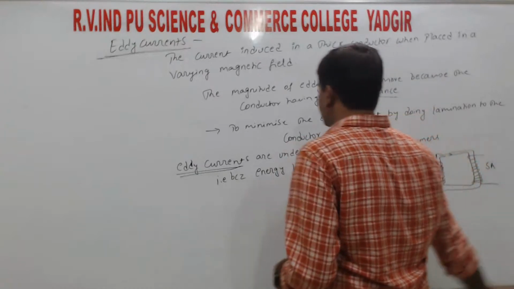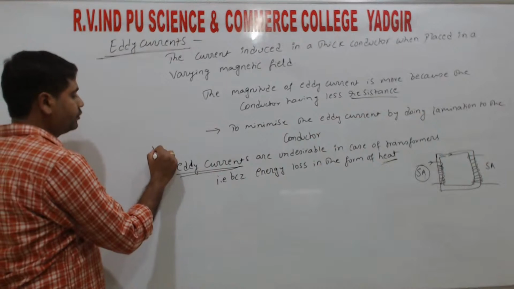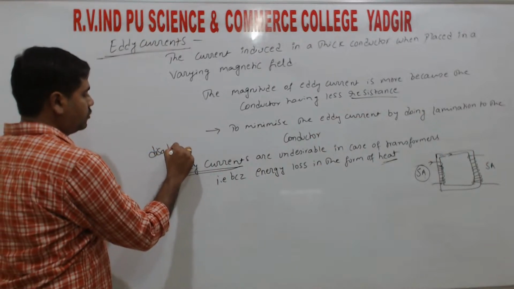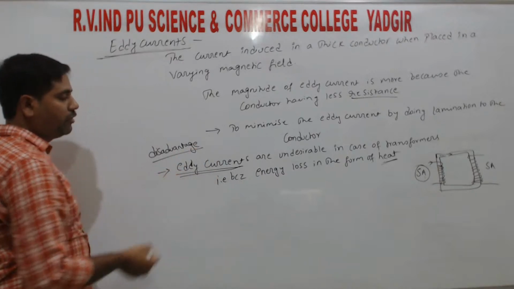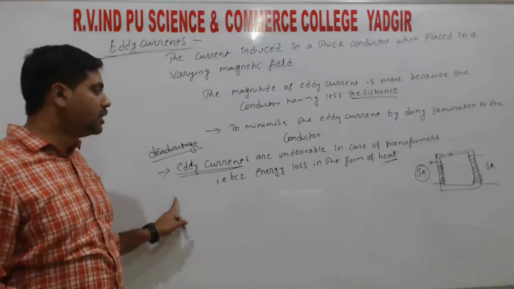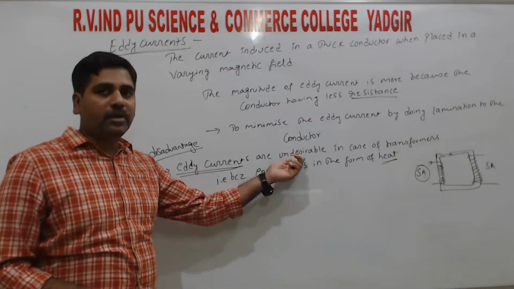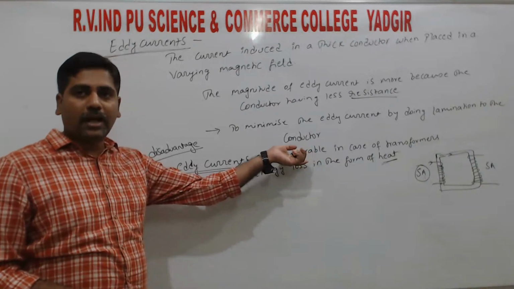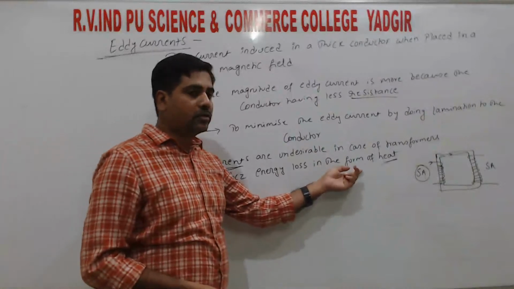This is one disadvantage of the eddy current: it is undesirable in the case of a transformer. Undesirable means unfit. Unnecessarily, heat is being produced.